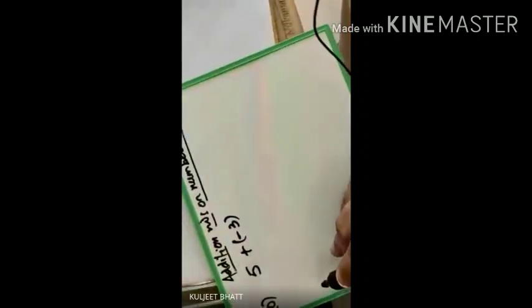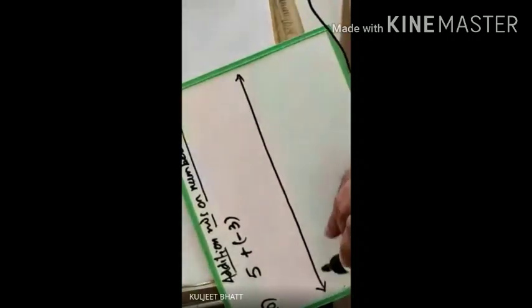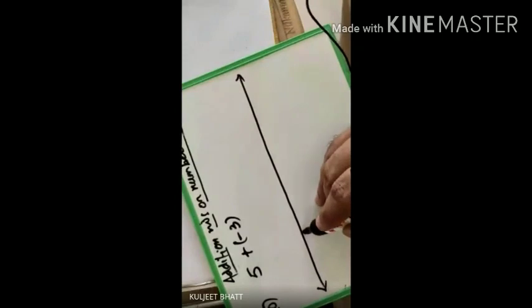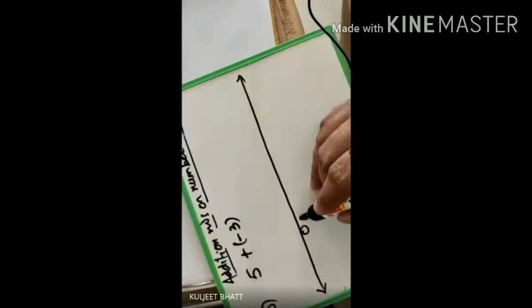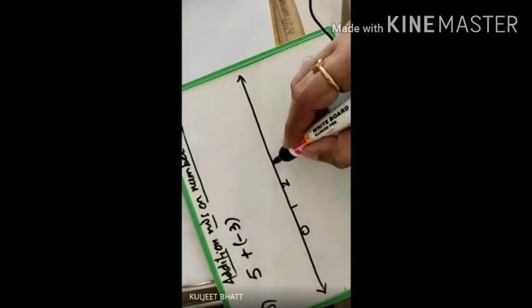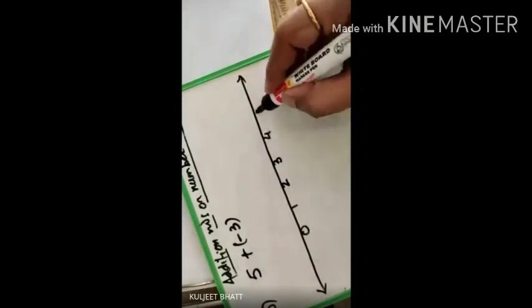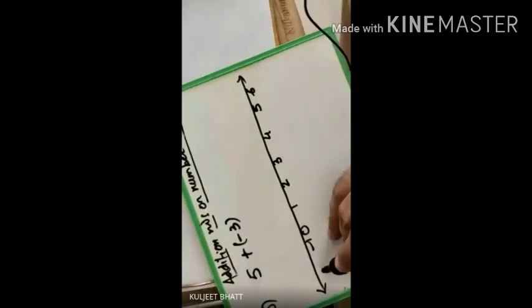So as usual, again draw a number line. Starting with 0, because there are negative numbers, let me explain. 0, 1, 2, 3, 4, 5, maybe 6, -1, -2, and maybe -3 here.